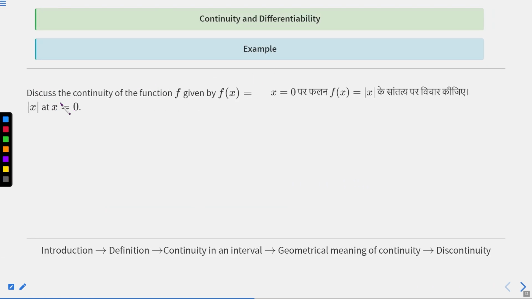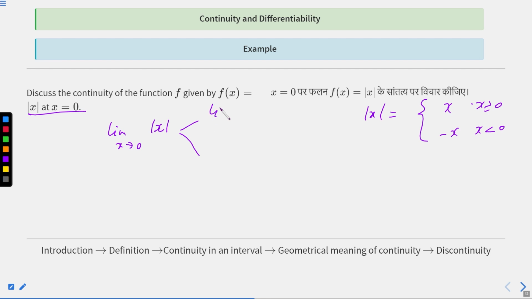Now again we have to discuss the continuity of the modulus function at x equals 0. So limit x tends to 0 of mod of x. You know that mod x is x if x is greater than or equal to 0, and minus x if x is negative. So I have to break it into two parts: one is the left hand side limit and another is the right hand side limit. The right hand side limit is shown by the positive sign, and the left hand side by the negative sign.